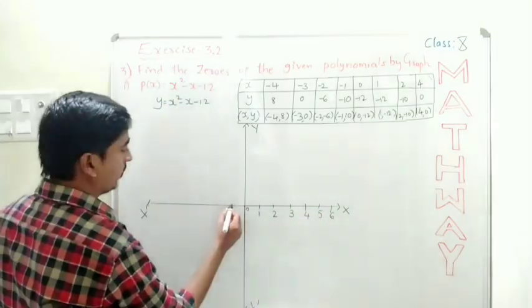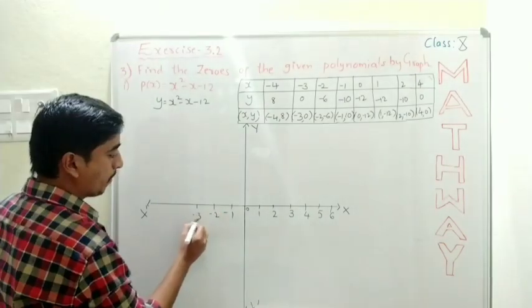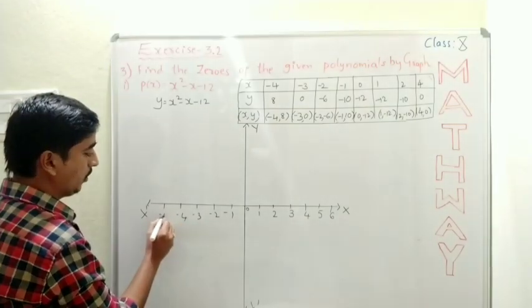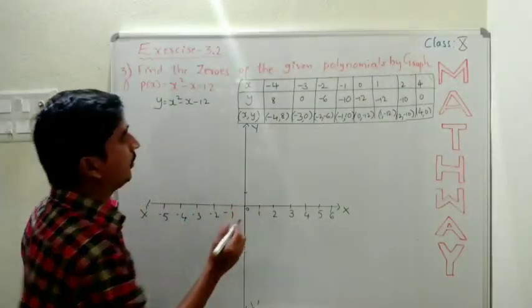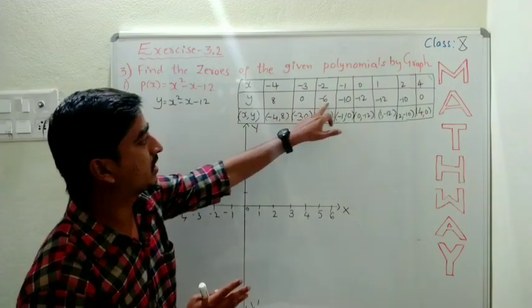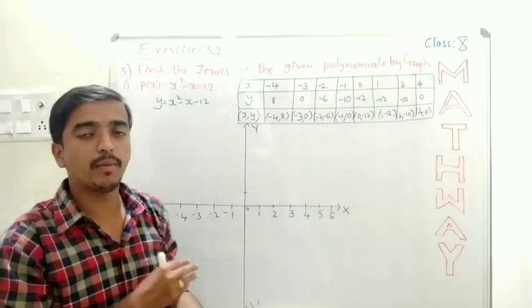The left side numbers are negative: minus 1, minus 2, minus 3, minus 4 and minus 5, and so on. On the y-axis, if you observe, 8, 6, minus 6, minus 10, minus 12, these are the multiples of 2.